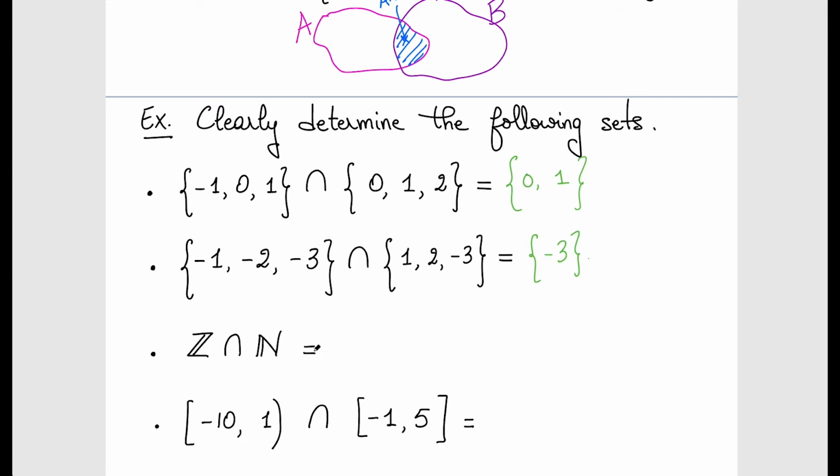What is that? Pause the video please and think about it on your own. Well, the intersection is simply N in this case. Correct? The only guys that are in Z but not in N are the non-positive guys. They are 0, -1, -2, and so on, right?